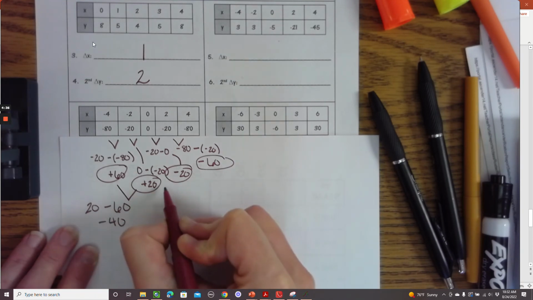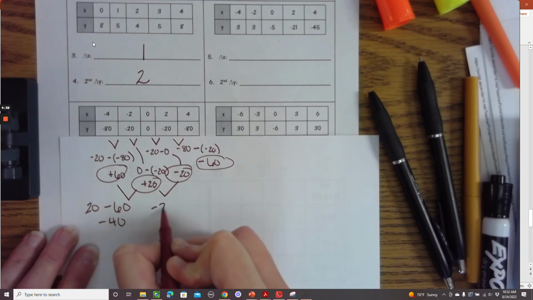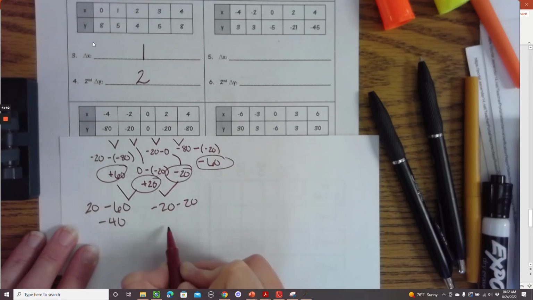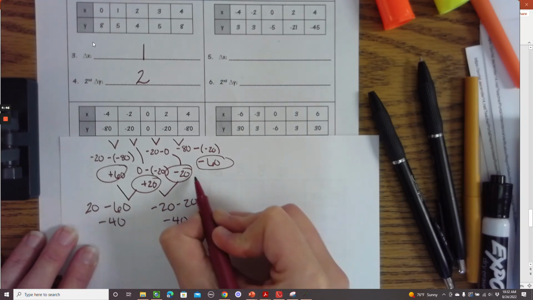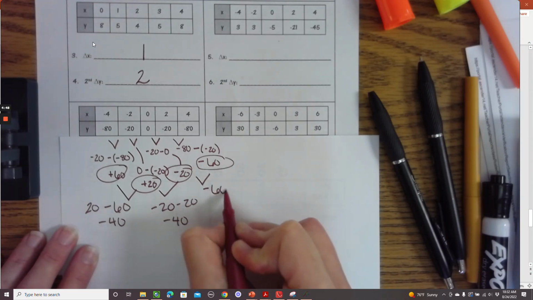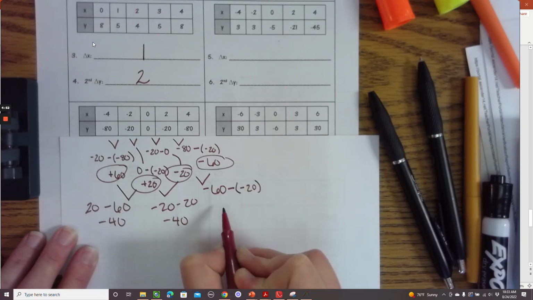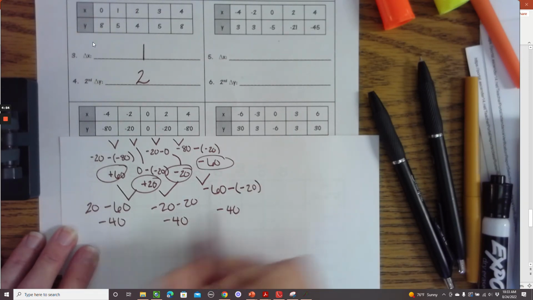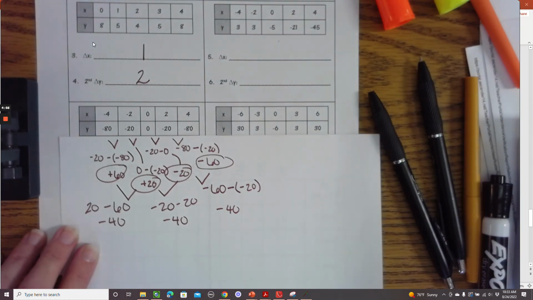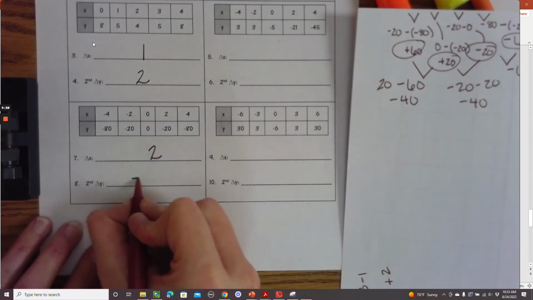Negative 20 minus 20 is negative 40. Negative 60 minus a negative 20 is negative 40. They're all the same, so I have a second common difference.